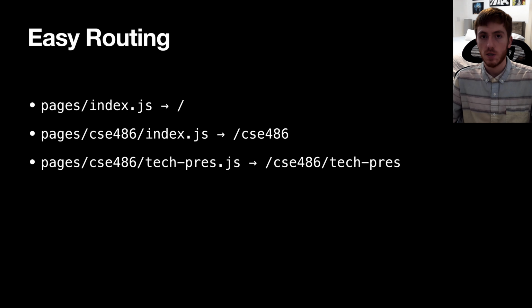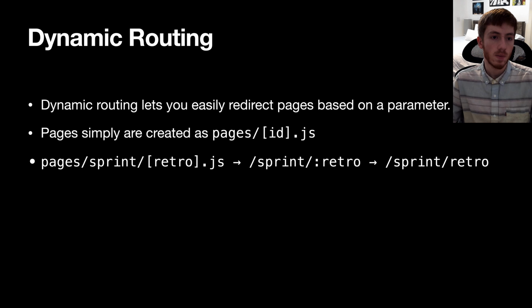One of the nice things about Next is it makes page routing very simple for you, instead of having to think about it or use tools like React Router. So index.js is turned into the root of any directory, so index.js here becomes your root, index.js of the CSE 486 folder becomes root, and then you can also see here how it creates paths dynamically. techpres.js becomes a path in the CSE 486 area. Dynamic routing is also possible, which is a great, very useful tool within Next.js.